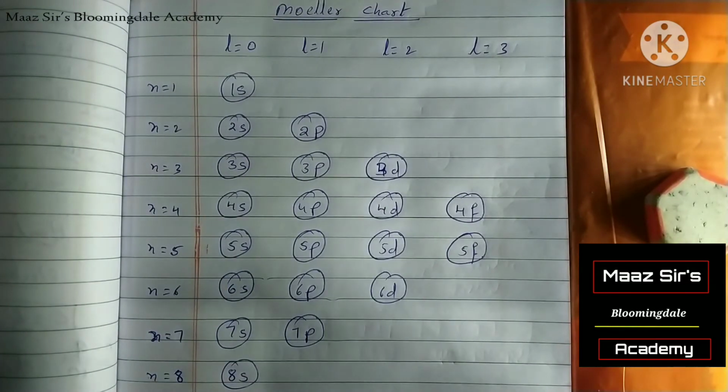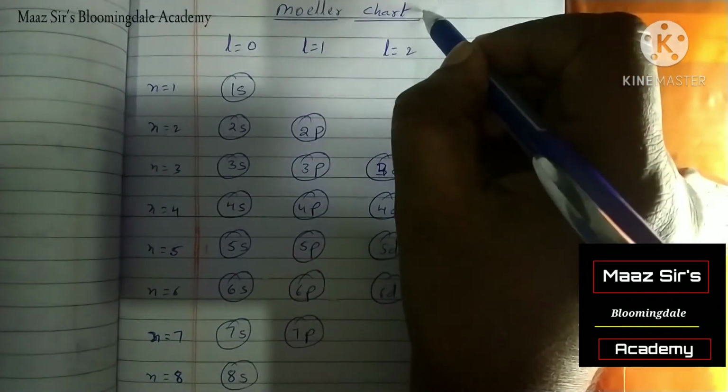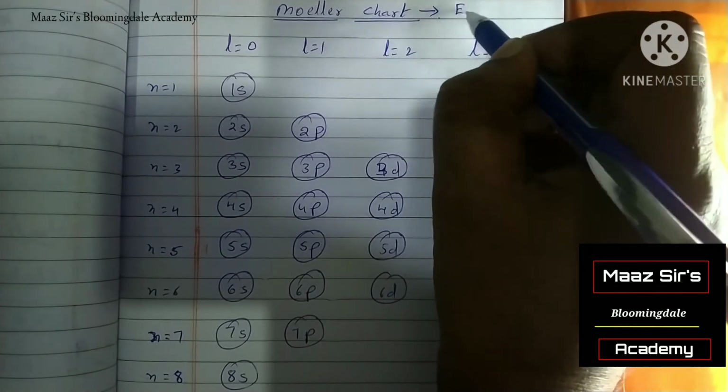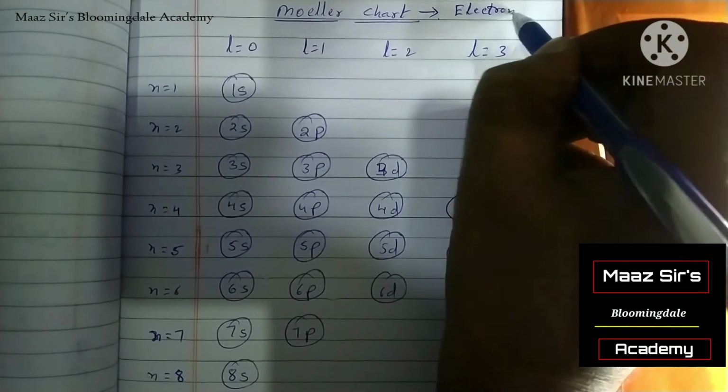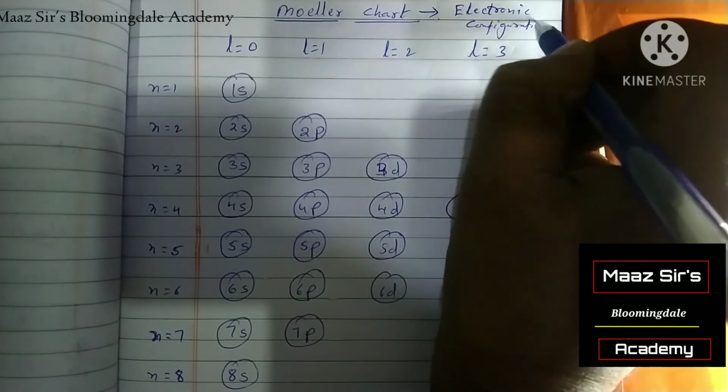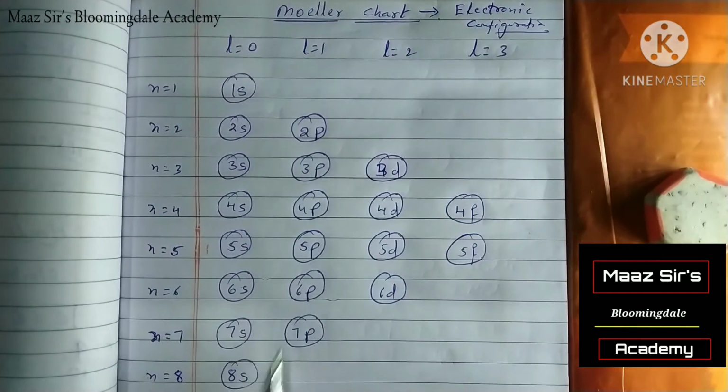Now let us see the last topic of this chapter, that is the Moeller chart. Why do we use this chart? We use this chart to write the electronic configuration. So let us see this chart.